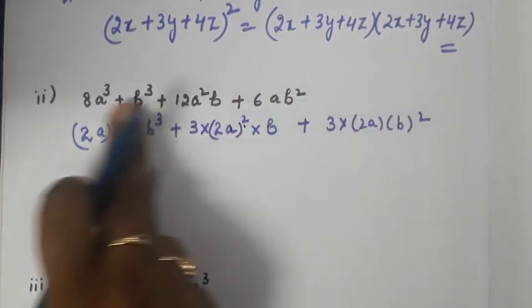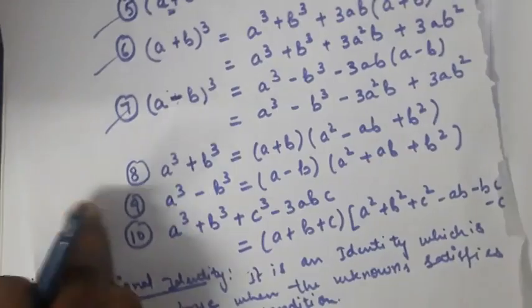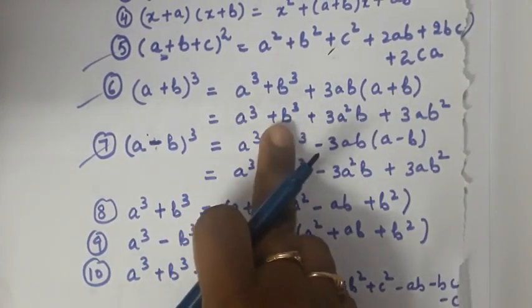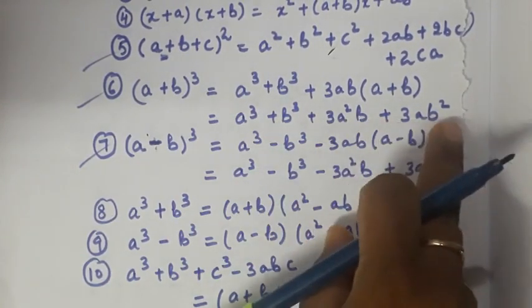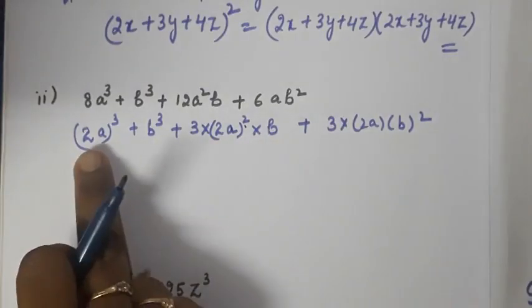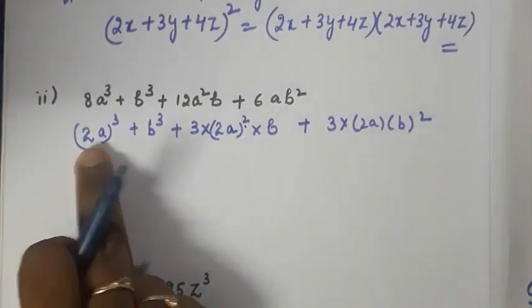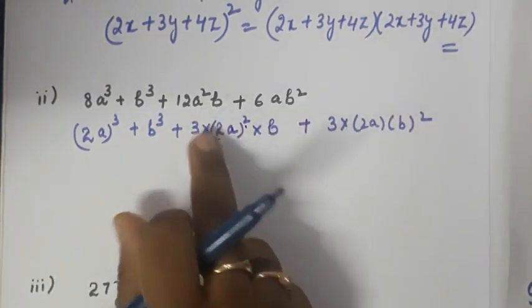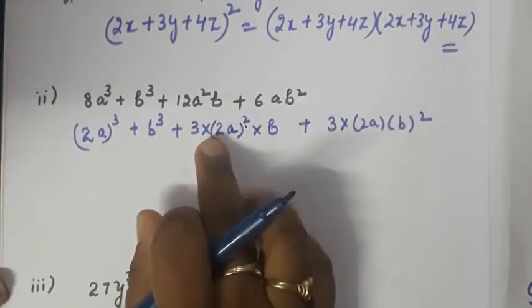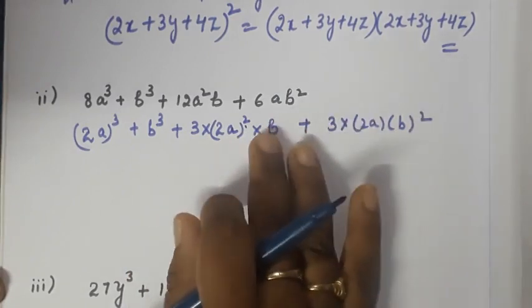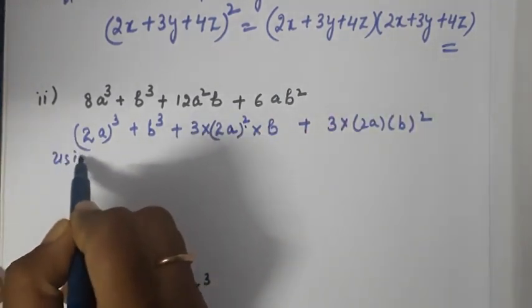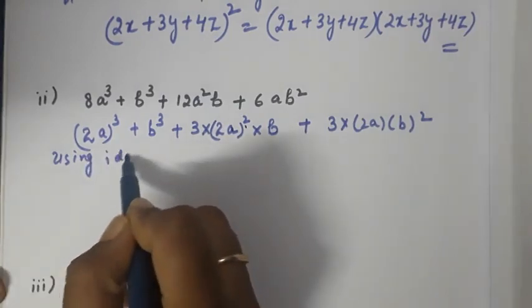How I wrote this? By the help of this expansion, a cube plus b cube plus 3a square b plus 3ab square. First of all, you just find this a cube and b cube. Afterwards you can write it by just comparing the expansion. Okay, so here I can write using identity.